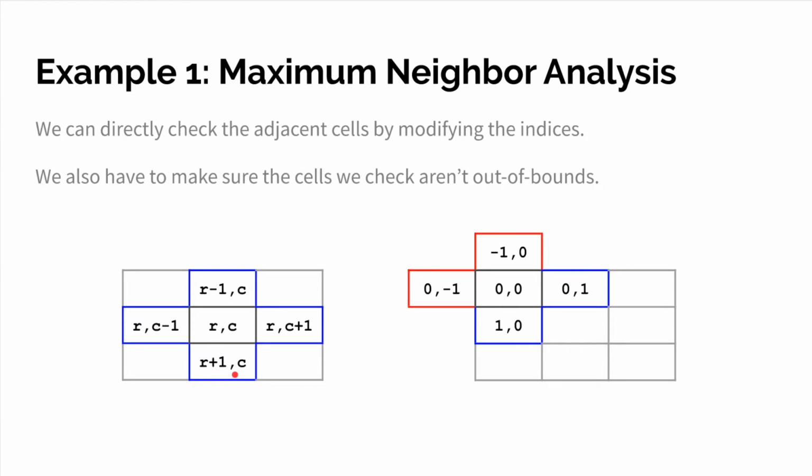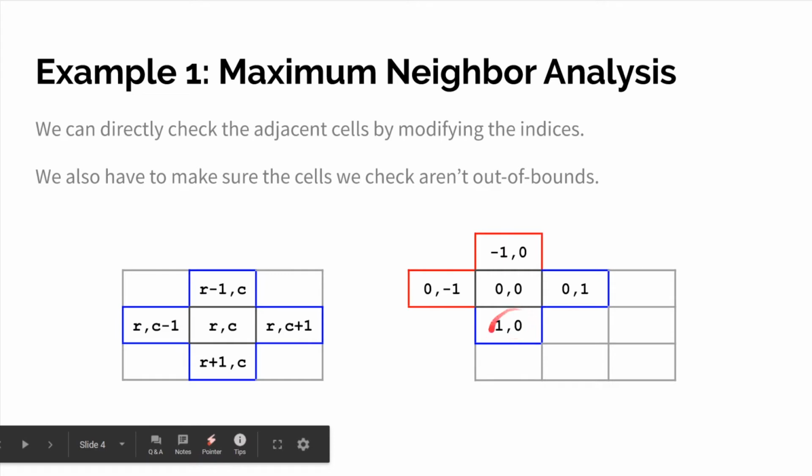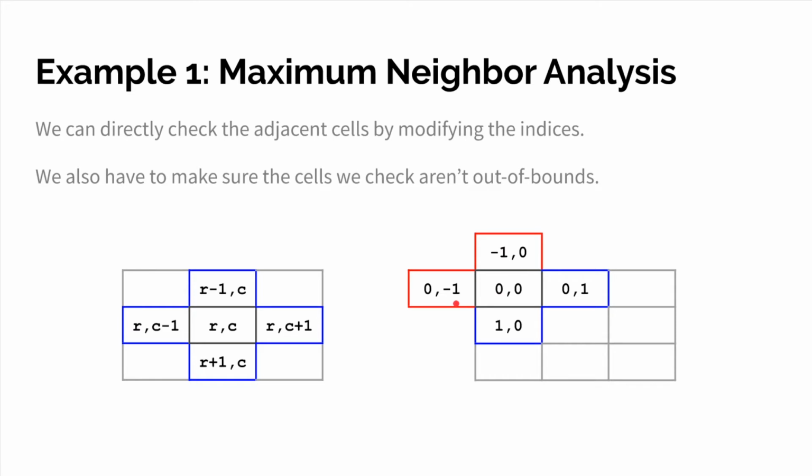We also want to make sure that the cells that we check aren't out of bounds, right? So if we're given 0, 0, we don't really have an element in this matrix with column index -1, so we don't check this one. We should only check these two. So we need to add some sort of bounds checking.